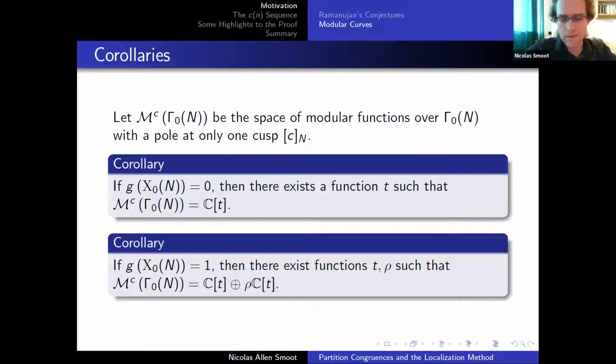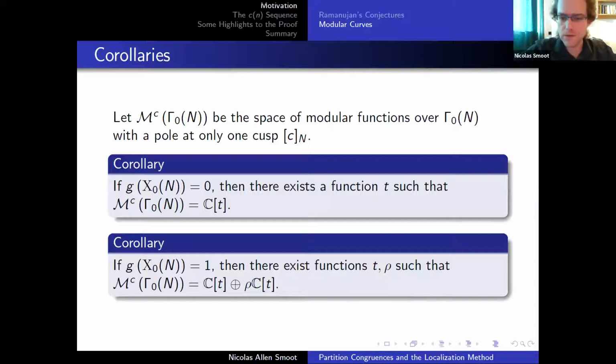If the genus of the surface is 0, then M_C(gamma 0(n)) is isomorphic to just the polynomial ring over the complex numbers. I can find a function t such that the space is just C[t]. If the genus is 1, on the other hand, that's not true. Instead, the space is isomorphic to a free C[x] module, and the rank is 2.